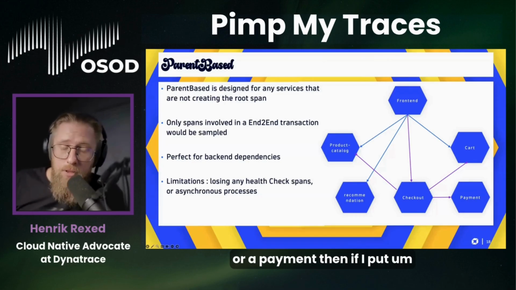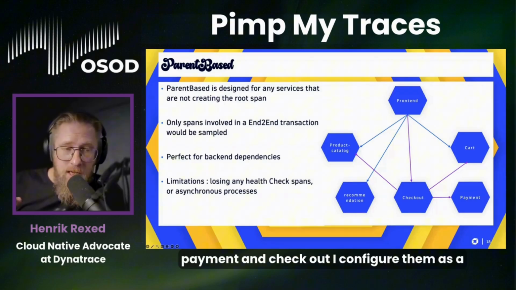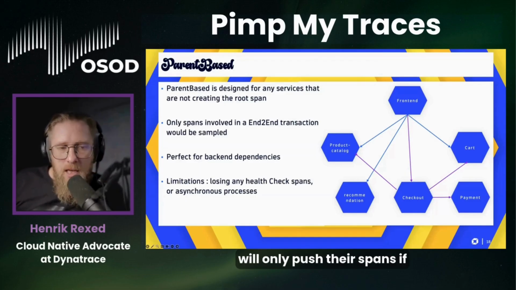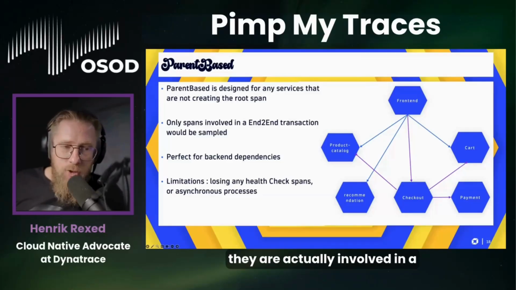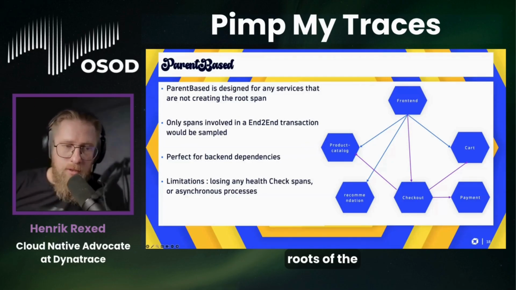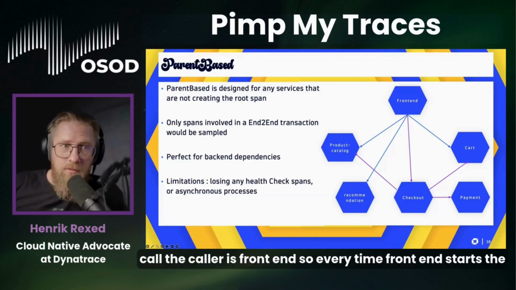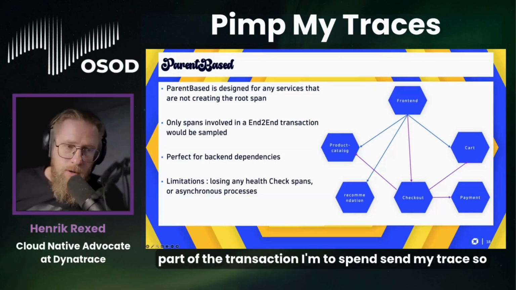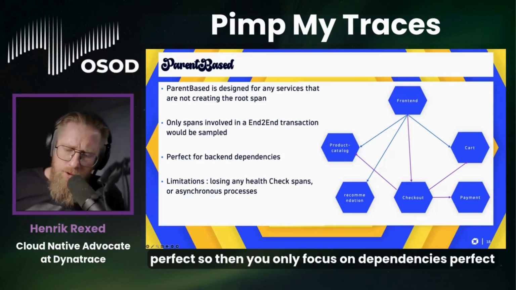If I configure payment and checkout as parent-based, they will only push their spans if they are actually involved in a transaction. So in that case, the root of the caller is the frontend. Every time the frontend starts the trace and goes to checkout, checkout says, "Oh, I'm part of the transaction, I'm going to send my trace." So perfect, then you only focus on dependencies.